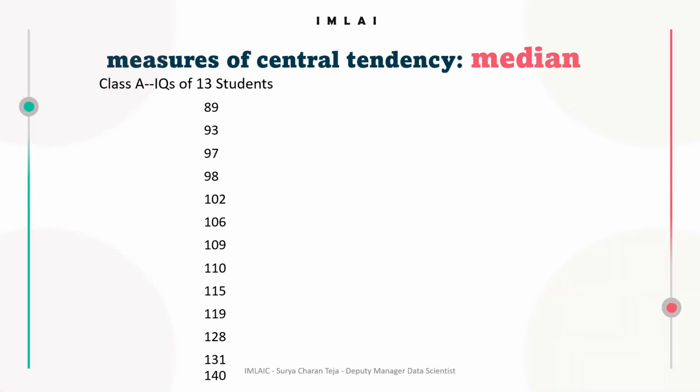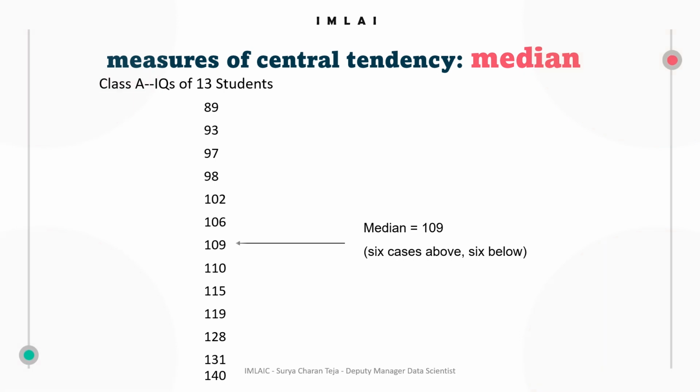So let's take this class A and the IQs of 13 students, all sorted out: 89, 93, 97, 98, 102, 106 until 140. So now what is the median of it? The median is 109.